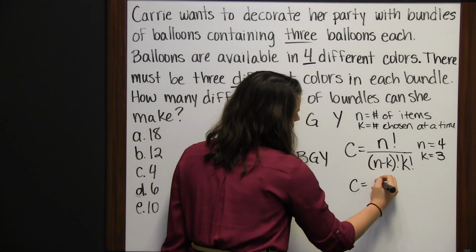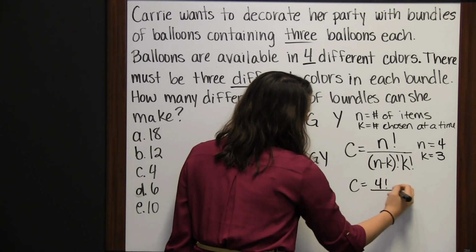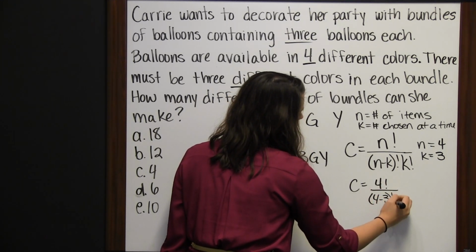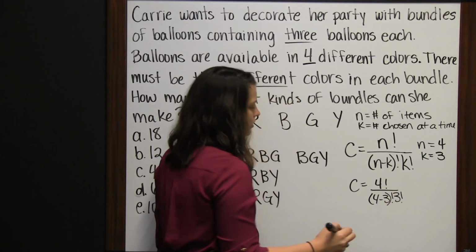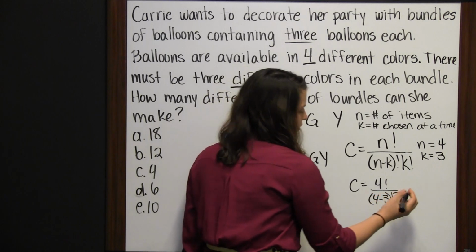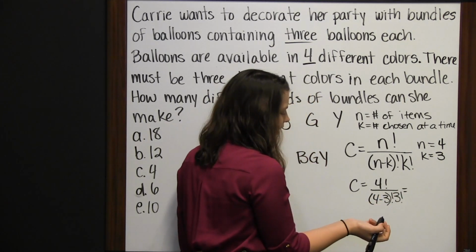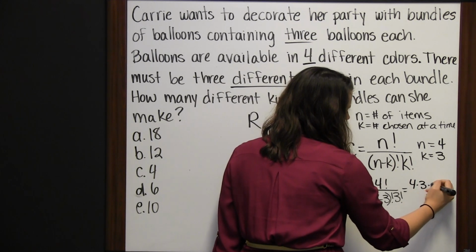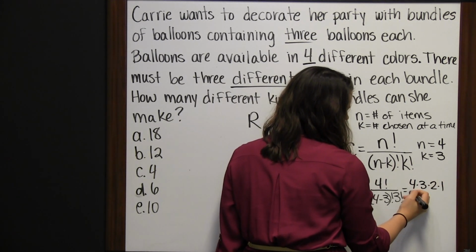So our combination would be 4 factorial divided by 4 minus 3 factorial times 3 factorial. And all I did was substitute 4 for n and 3 for k. Simplifying that, 4 factorial just means to do 4 times 3 times 2 times 1.